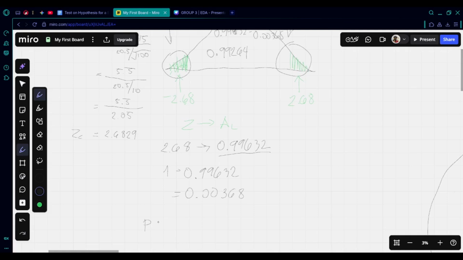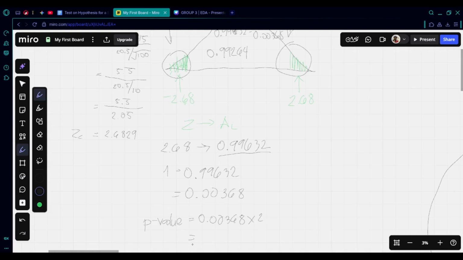We add the value of the shaded regions. Since the left side and right side are the same at 0.00368, we will just multiply it by 2.